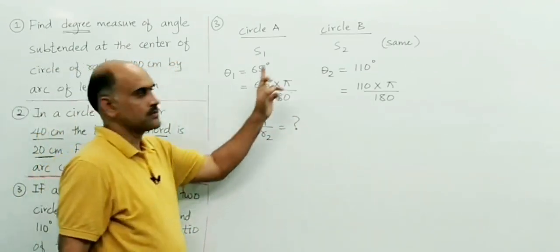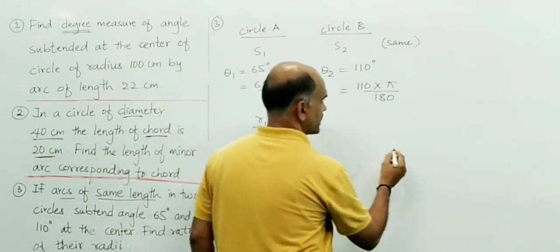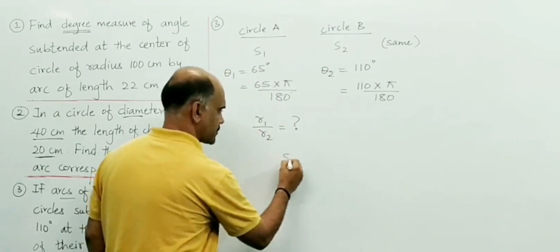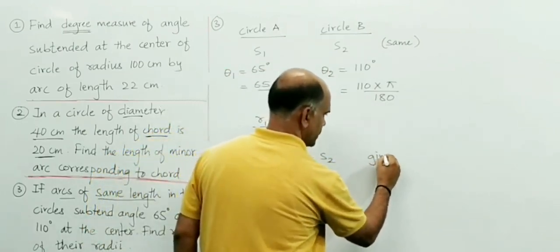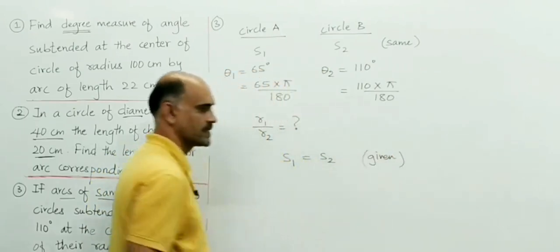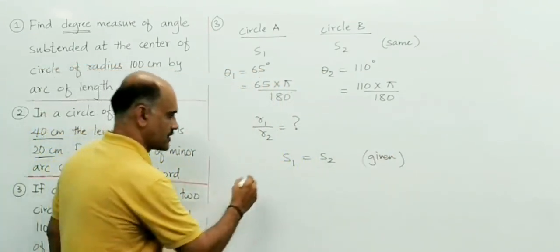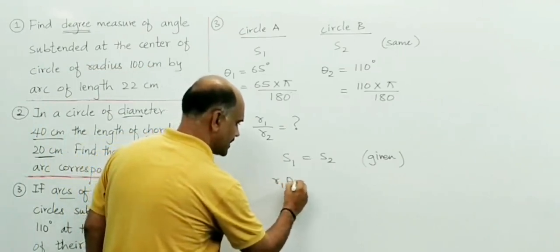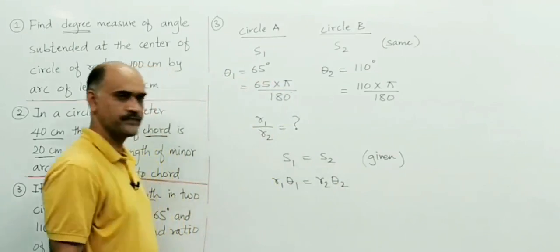So now, if I use this condition that is given, S1 is equal to S2. This he has given. Now if I use the formula S is equal to R theta, this is R1 theta 1 is equal to R2 theta 2.